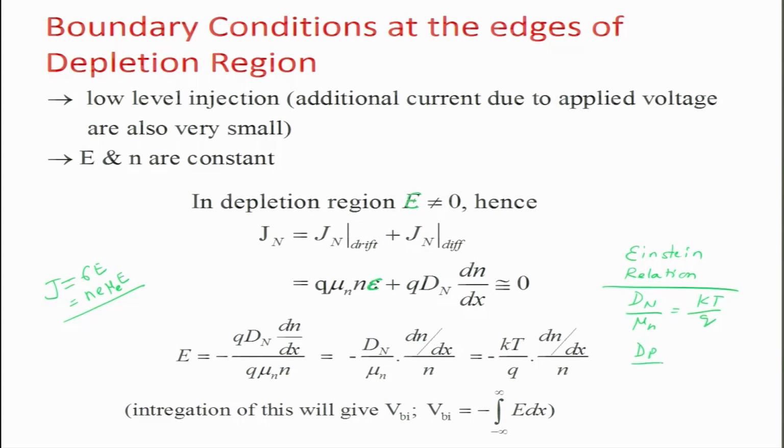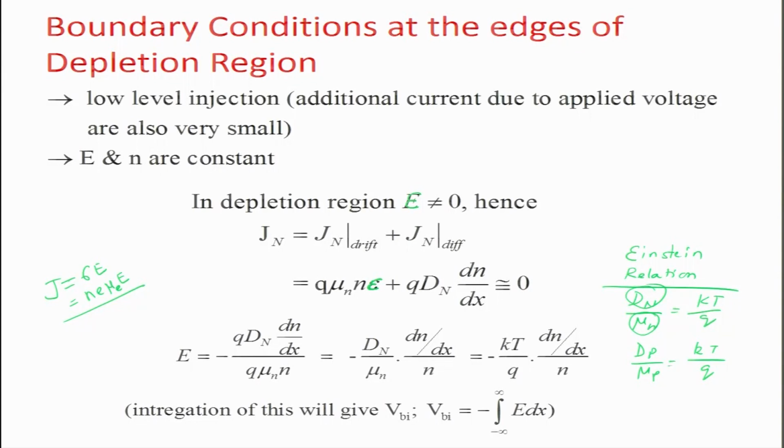Similarly, Dp by mu p is equal to kT by q. So, the Einstein relation is an equation that relates the diffusivity with the mobility. Here D is diffusivity and mu is carrier mobility.